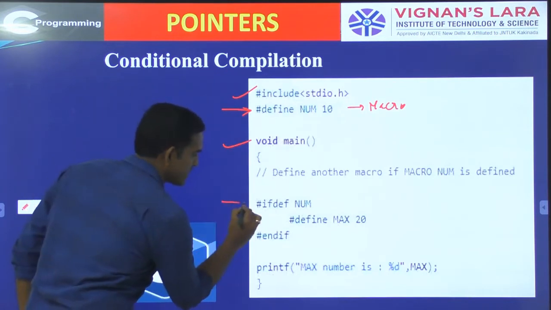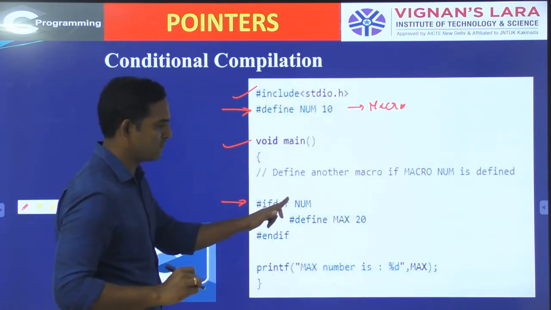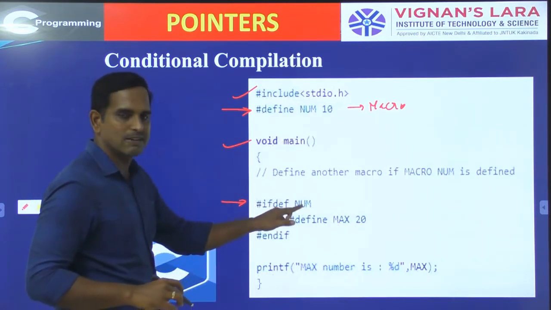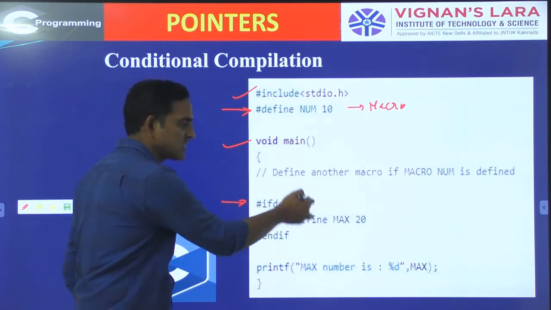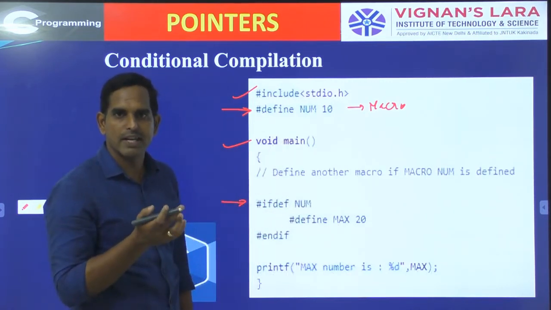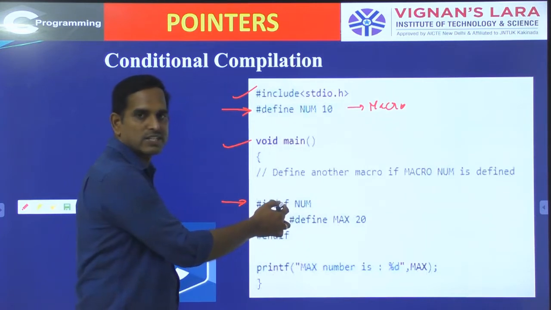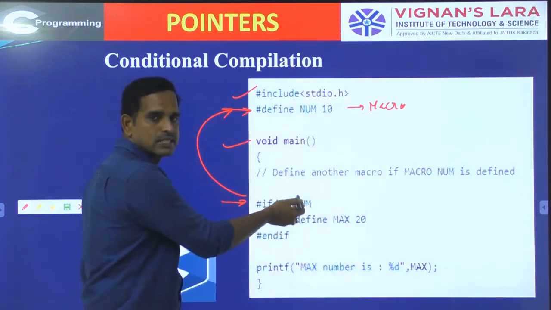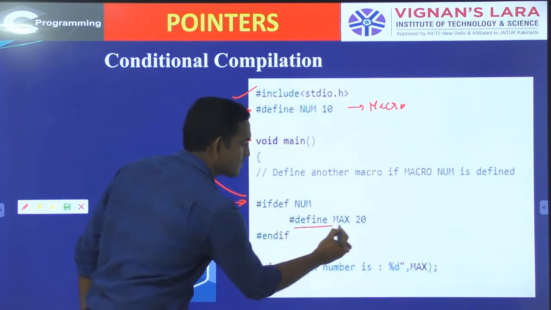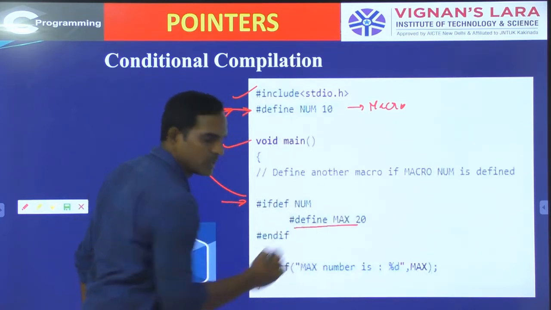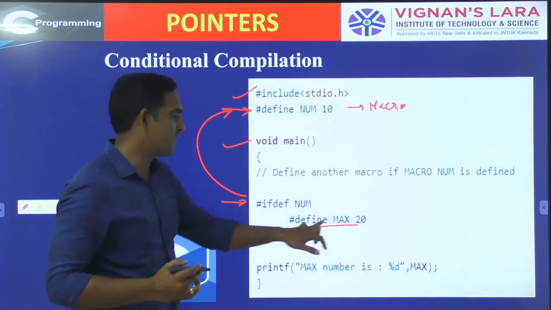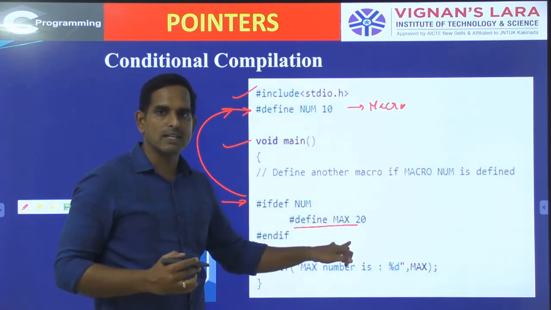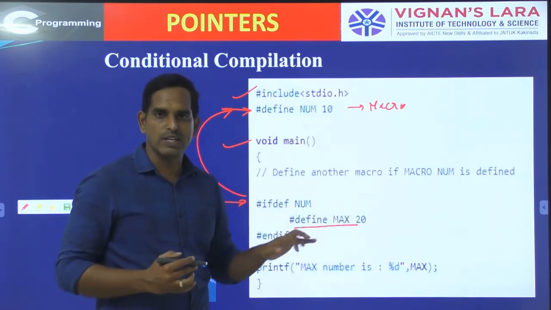Inside the main I am checking the condition #ifdef NUM. ifdef NUM means whether there is a definition for NUM or not. If there is a definition, then that is a true statement. Then #define MAX 20 means I am defining another macro MAX and giving it the value 20.